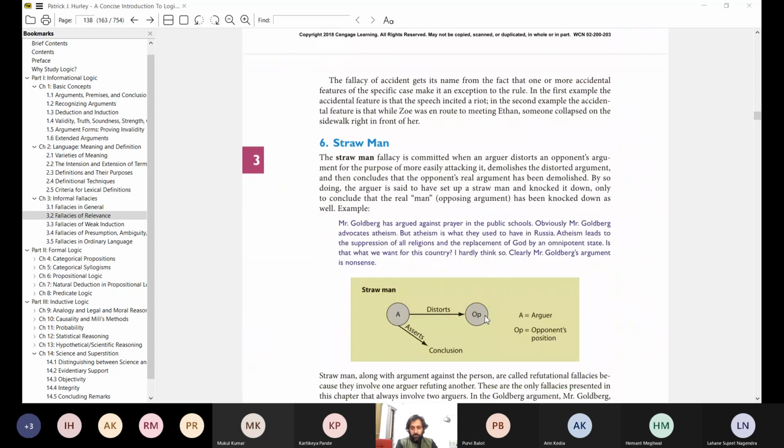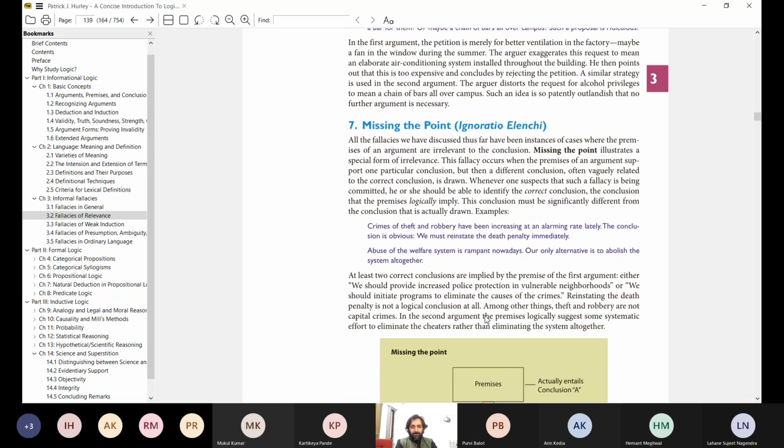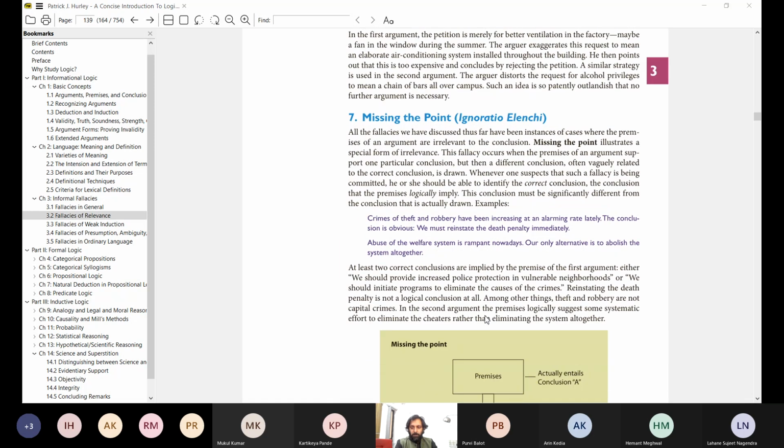We'll look at straw man. And some of these videos, we've already talked about straw man in the past. Number 7. Number 8 is red herring.